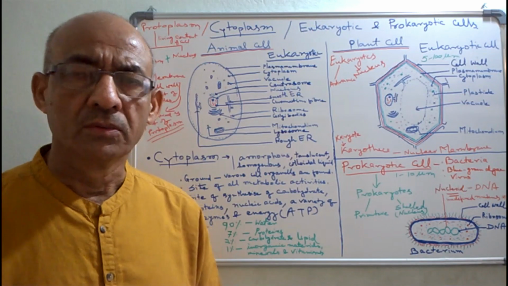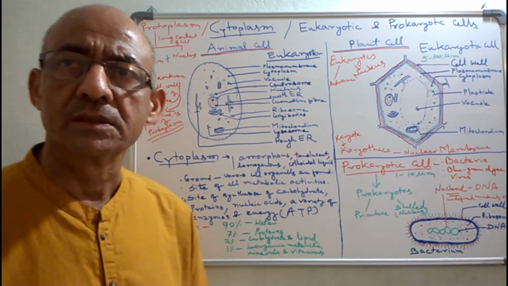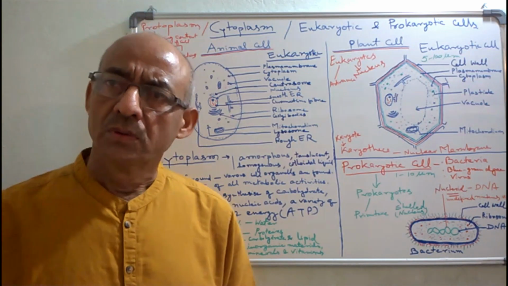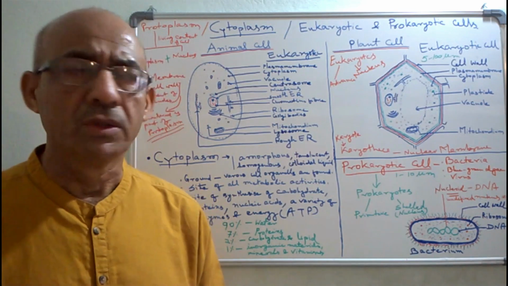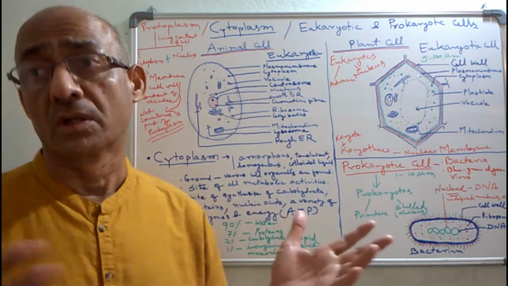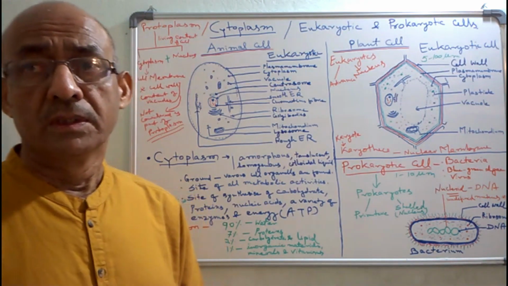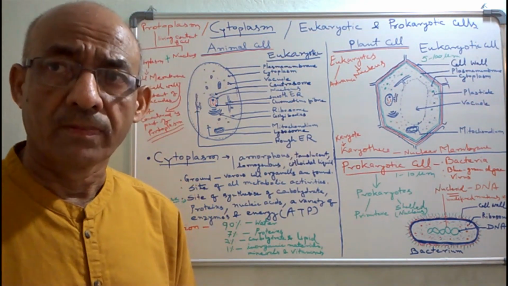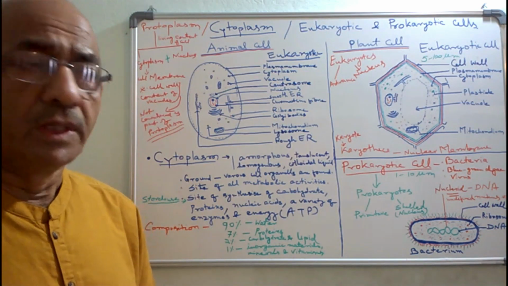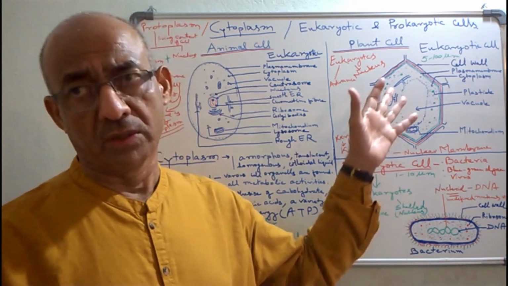But here we should know that not all the cell organelles are uniformly found in the cells of all the organisms. In context of that, we will discuss prokaryotes and eukaryotes.